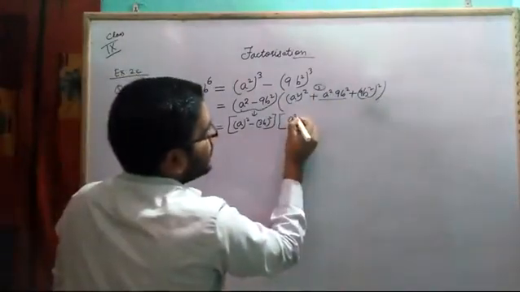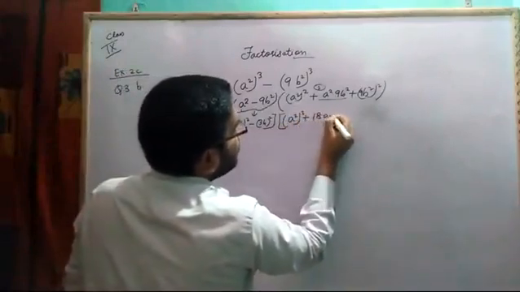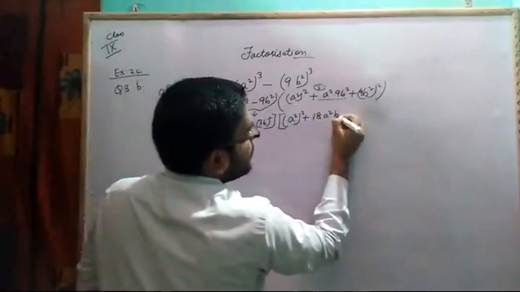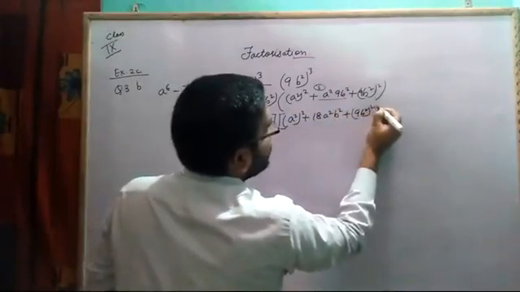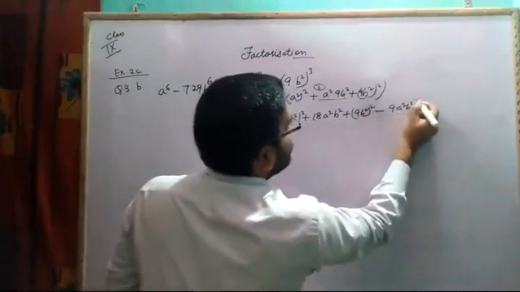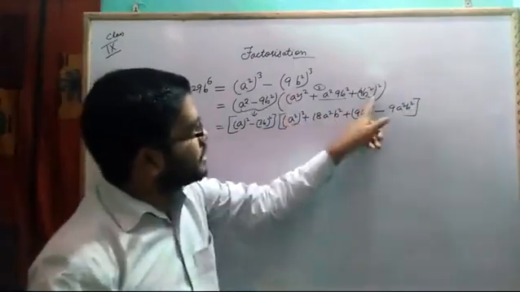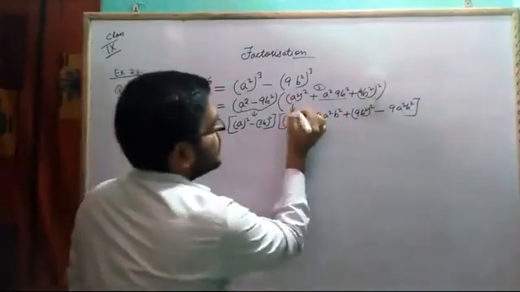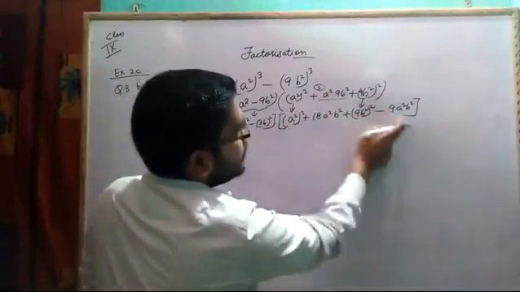So I can write (a square) whole square plus 18 a square b square plus (9b) whole square minus 9 a square b square. Now you see why I have done this. Same number as it is, this number also as it is. 18 minus 9 will be 9 a square b square.